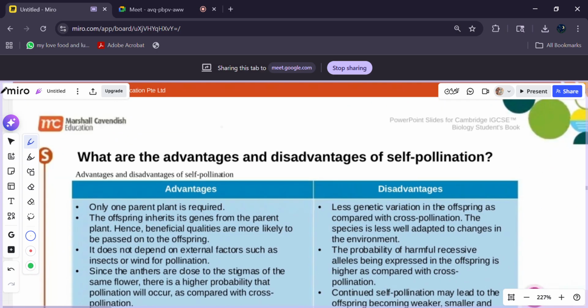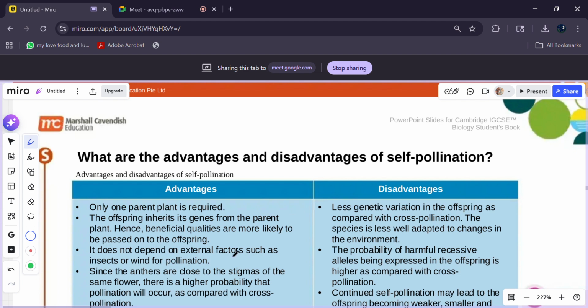So, the advantages of self-pollination. Self-pollination is kind of like asexual reproduction because only one parent plant is required. The offspring inherits its genes from the parent plant, and hence beneficial qualities are more likely to be passed on to the offspring.